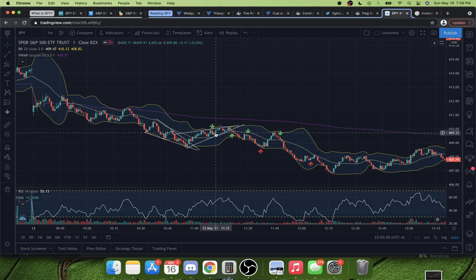That's when you're going to take your starter position. You get a little bit of consolidation here, and then you're going to add to your position on the break of this trend. And then we also go under the mid band on the 1 minute chart, so you know that it's getting weak on a small scale. So you're going to add to your position there.